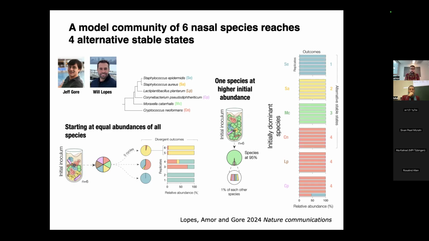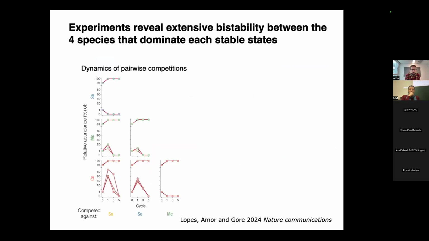So here we have 6 species, different alternative stable states, and we wonder whether the interactions between any 2 species could explain what happens to the complex community. And for that, Will did these experiments in which he competed each species with another one.